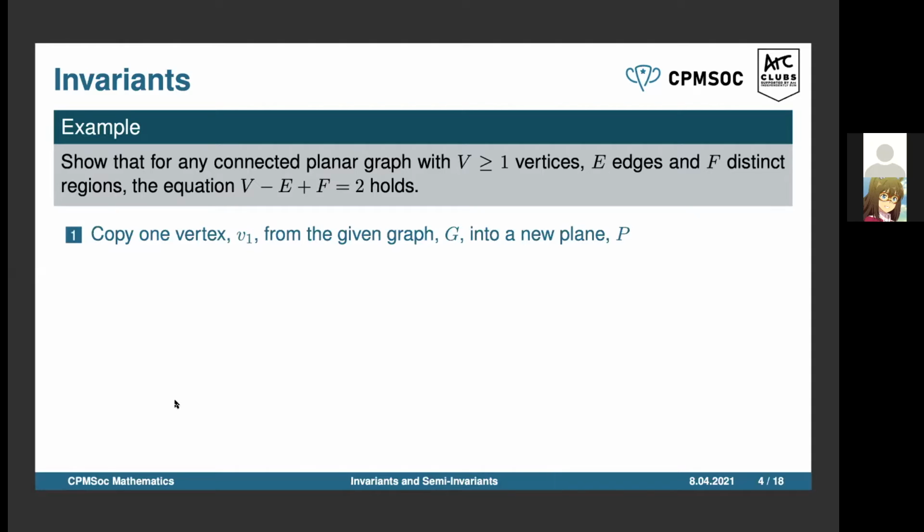Now we want to build up from this one vertex to a more complex graph, and eventually into the original graph. By showing that V minus E plus F is invariant at each step of that process, we can show that it's the same for the final graph as it is for the initial graph.